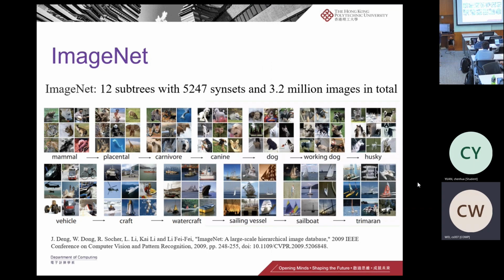And also in the real world, there's another challenge. Maybe it's not that related today, but since we're talking about those datasets, it's better to mention it. In ImageNet, the concepts are organized as a hierarchy, because semantically, you will have concepts at different levels, like from vehicle, you have craft.